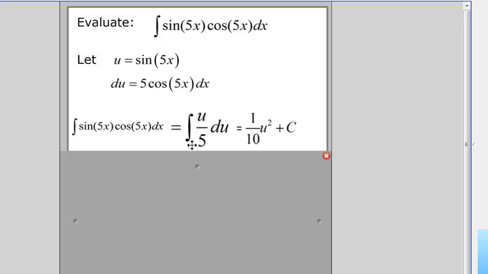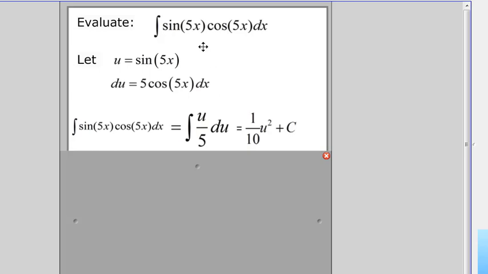So this is a very, very simple integral. I can take the 1/5 outside the integral and solve it, and it will be 1/10, because the integral of u is u squared divided by 2. So 1/10 of u squared plus c. A very, very simple integration.